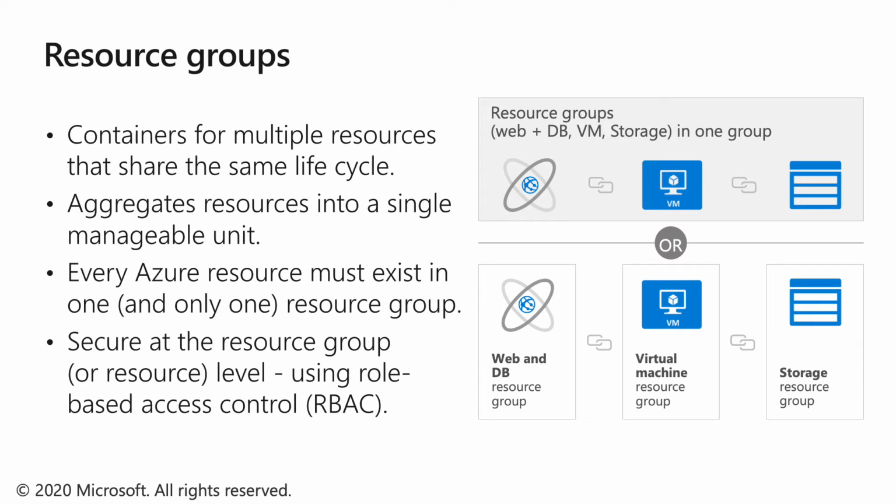So rather than thinking, my data is stored in this instance and my cloud networking solution is stored there, my website is managed here, my virtual machines are managed here, it's all just in one container resource group. So every Azure resource must exist in one and only one resource group. This allows security at the resource group level using role-based access control.